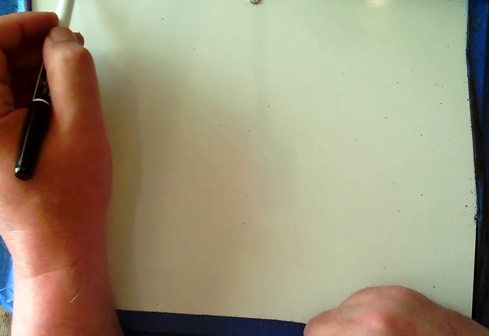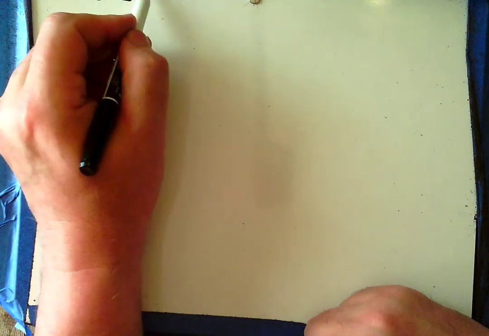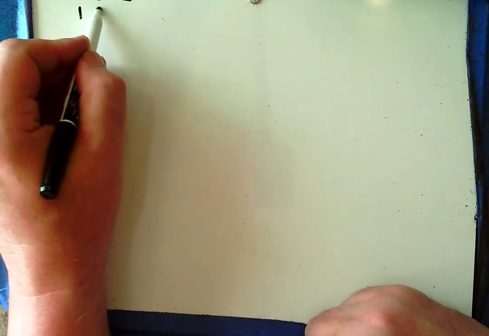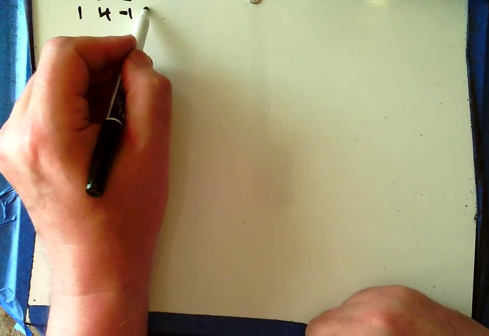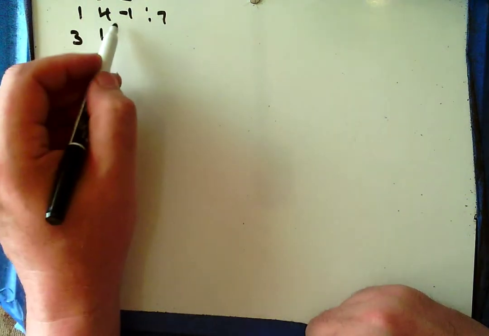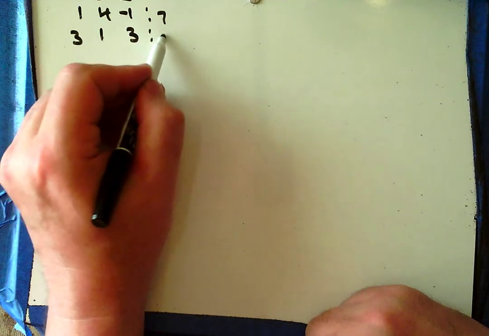All right, so let's see what's happening here. 2, 3, 2, 1, 1, 4, negative 1, 7, and 3, 1, 3, negative 2.